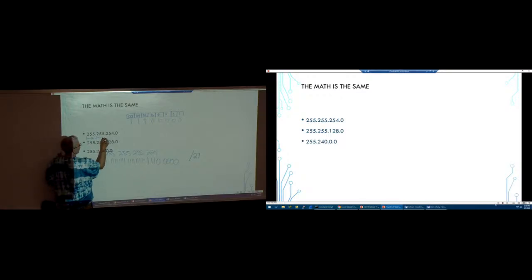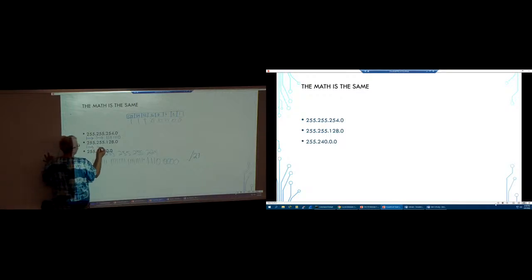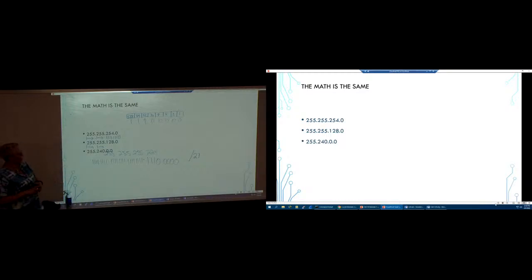And then here I've got to go 1, 1, 1, 1, 1, 1, 1, 0. But when it's just 255, just to give yourself a little shortcut. But then write it out in the octet that matters. Write it out in the octet that matters, okay?